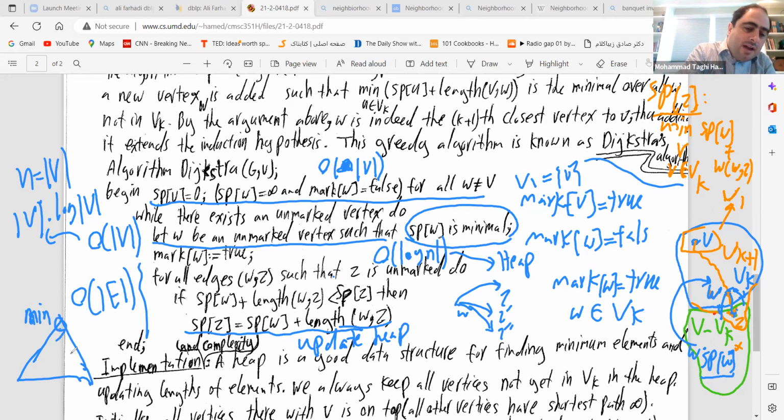Now we are considering a vertex Z here, and we may decrease the value of Z. If SP of Z is greater than the new value, then we are just reducing the value of Z. In that case, Z may go a little bit higher in this heap. This is the heap structure.